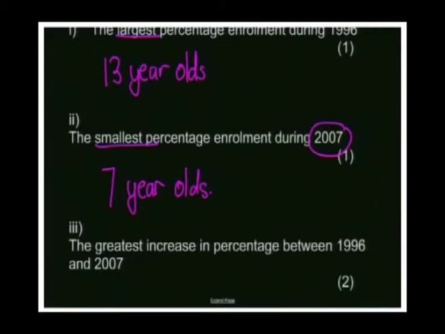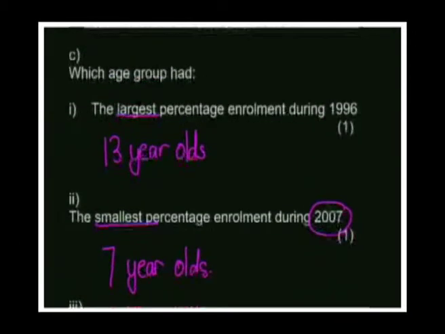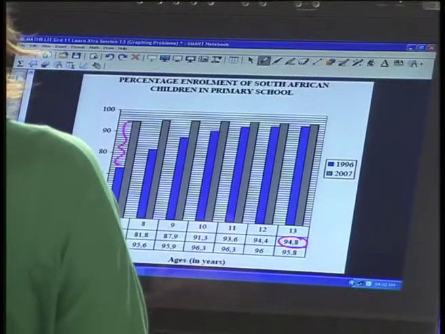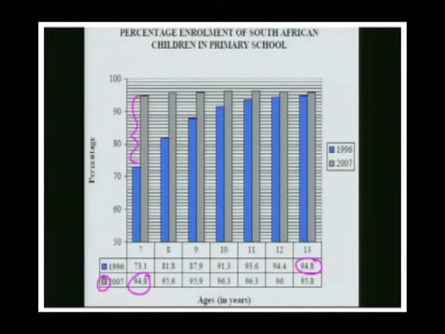And number 3, the greatest increase in percentage between 1996 and 2007. Let's go back and let's take these pink lines away, and we're looking for the largest increase from 1996 to 2007. This is where double bar graphs come in really handy, because all we have to do is look for the greatest gap between the 2 bars, and we know that that is the largest increase.